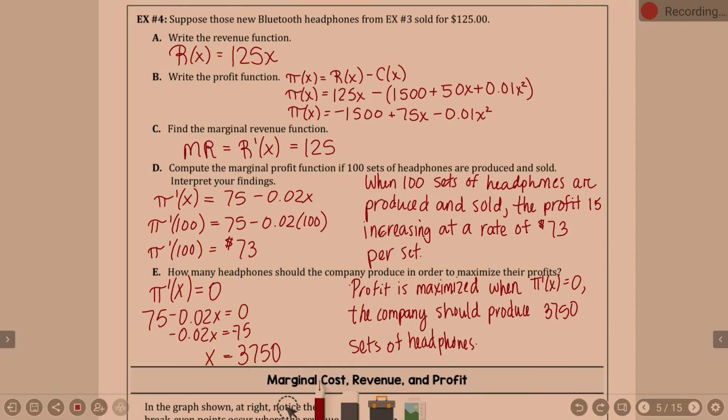So when we set that derivative equal to 0, our profit is no longer increasing, but it's also not decreasing. It's 0, but it's not increasing or decreasing. Yes. Okay, that makes sense. Are we good? Now, we have a pretty picture to look at before we turn the page.